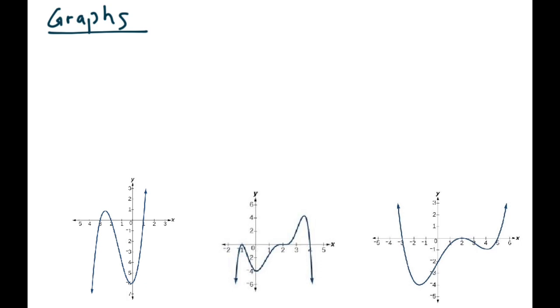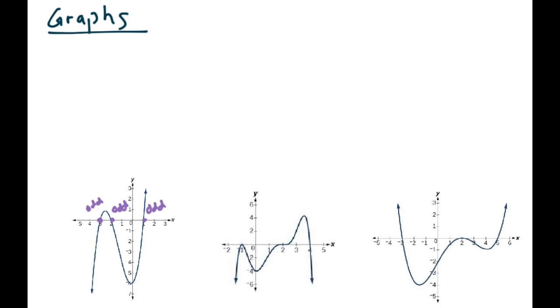So graphs, we need to combine the end behavior with the leading coefficients. If I look at this first graph, I've got zeros at -3, -2, and -1. And it's going through, so it's an odd multiplicity. It's going through, so it's an odd multiplicity. And it's going through, so it's an odd multiplicity.